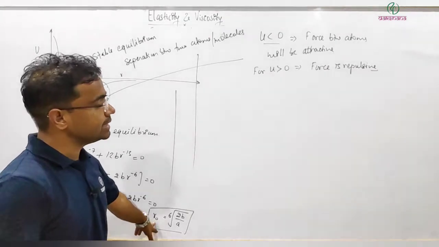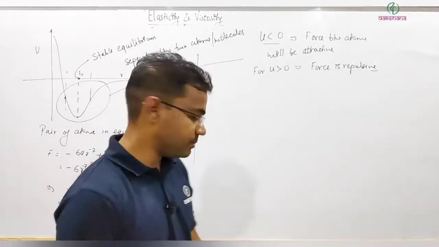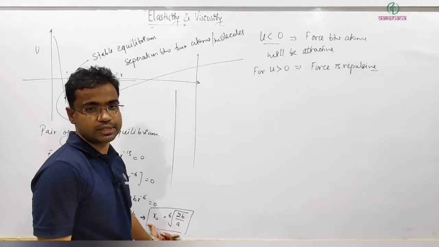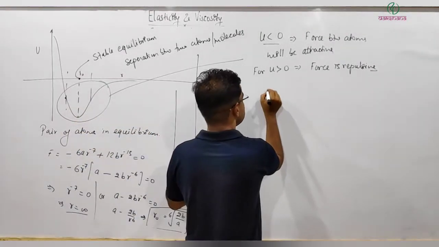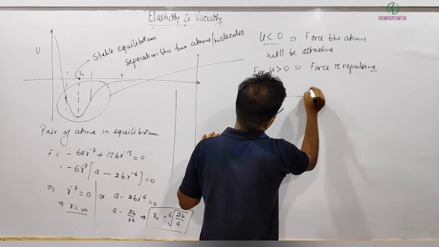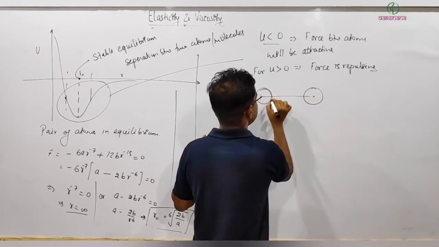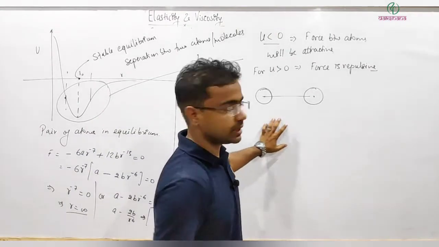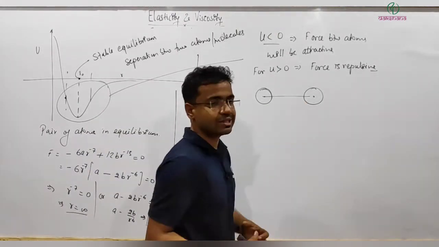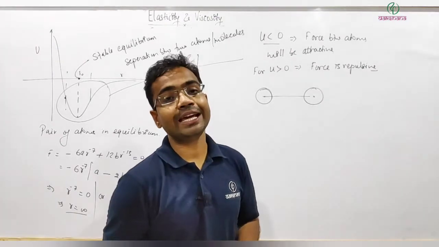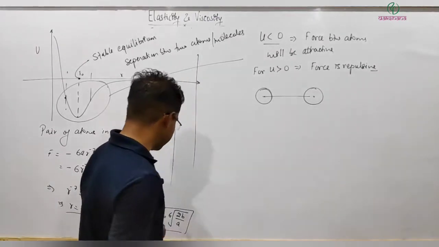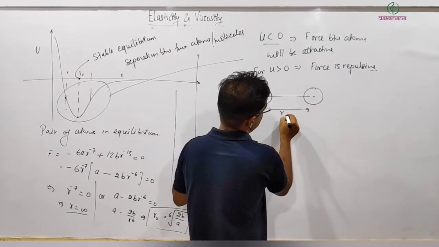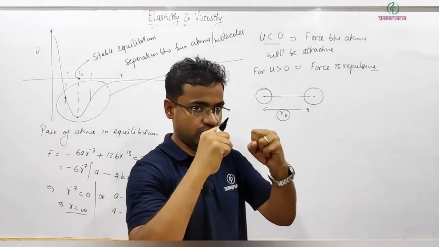So always, if we are leaving the system, it will try to come to this much separation. Now if we look at this bond in more detail, these are two atoms, and this bond behaves like a spring. How? Because at this separation r0, they will be in equilibrium.